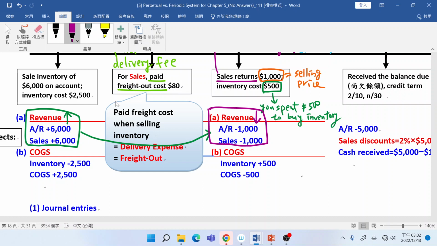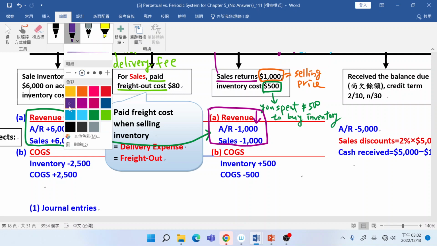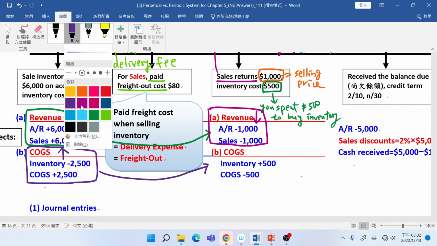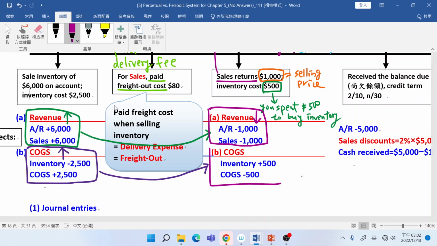The revenues you could earn from customers should be decreased, right? Okay. How about cost of goods sold? Before, your cost of goods sold increase, right? Because trying to earn the revenues makes your expense increase. Since you got the inventory back from customers, of course that will make your expenses decrease, right?